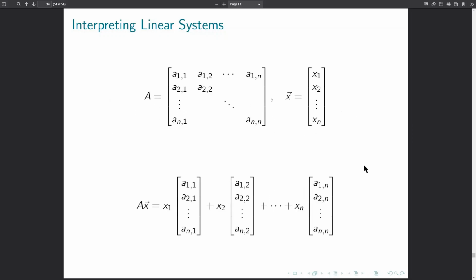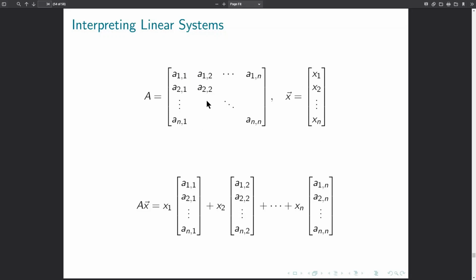In more abstract terms, with arbitrary n-sized matrices and vectors, we have this coefficient matrix A. Again, the first number of the subscript is the row, the second is the column. This is just an n by n square matrix of coefficients, and I have a vector of length n, an n-dimensional vector, and this is the matrix vector product, the linear combination of the columns of A, where the entries of x are the coefficients.